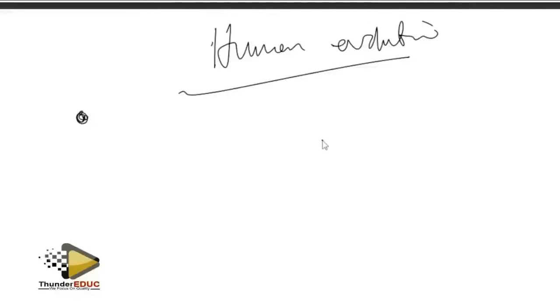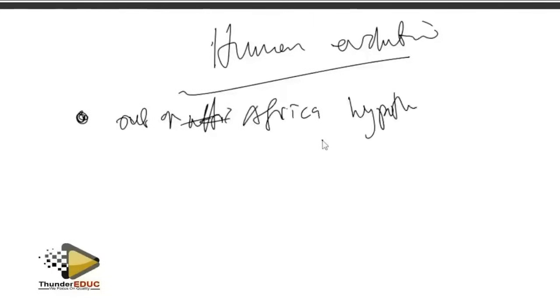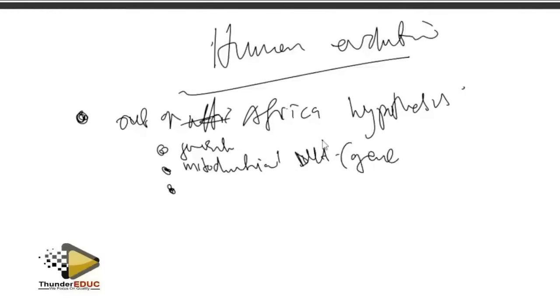For 6 marks, number 1 is the out of Africa hypothesis. Number 2, here you have to tell us the evidences. Evidence is fossils. You have to tell us the mitochondrial DNA, sometimes you call it genetics.